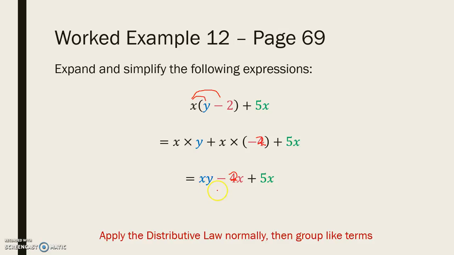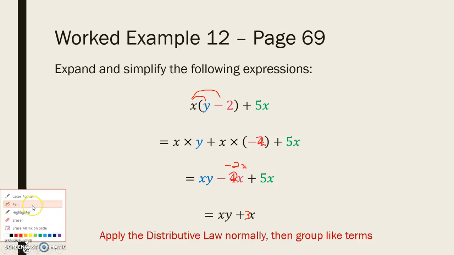So x times y is xy, x times negative 2 is negative 2x. I'll write that up here like this, plus 5x. So we should end up there, xy, 5 take 2 is 3x. So xy plus 3x. We'll group the x terms.